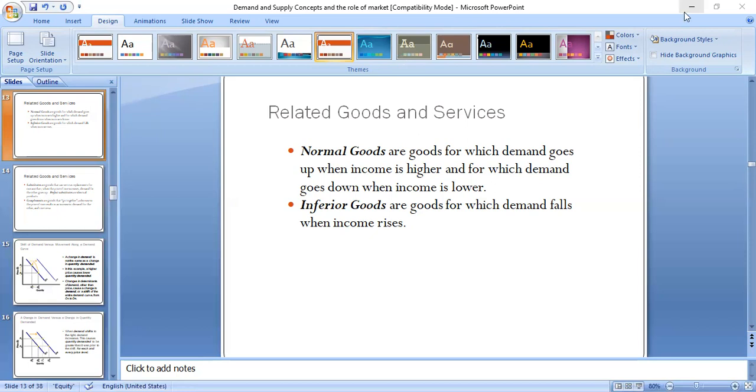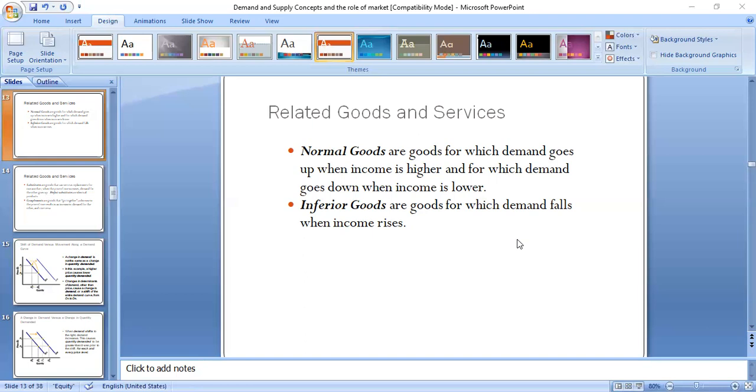Are we together? So let's look at what we mean by normal goods. A normal good is a good whose demand increases as the income of a consumer increases.